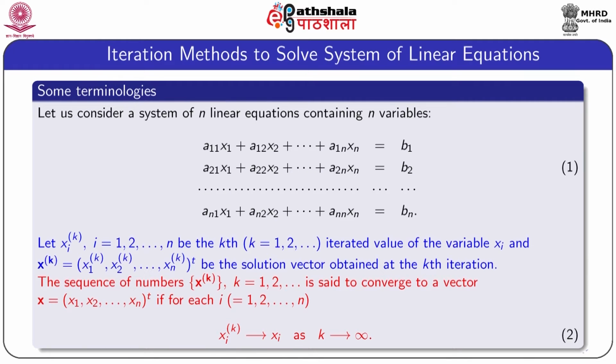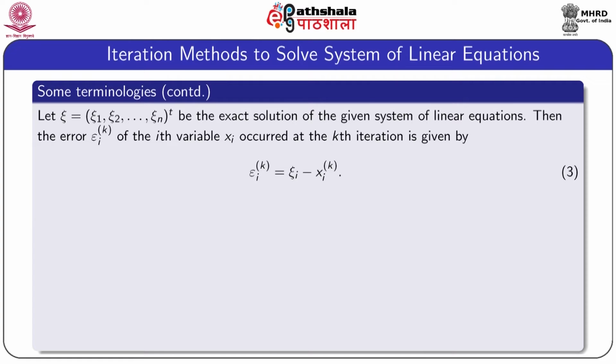The sequence x^k, k equal to 1, 2, 3 and so on, is said to converge to a vector x equal to (x1, x2, dot dot dot, xn) transpose if for each i, xi^k, the kth iteration value of the variable xi, tends to the corresponding xi when k is very large, that means when k tends to infinity.